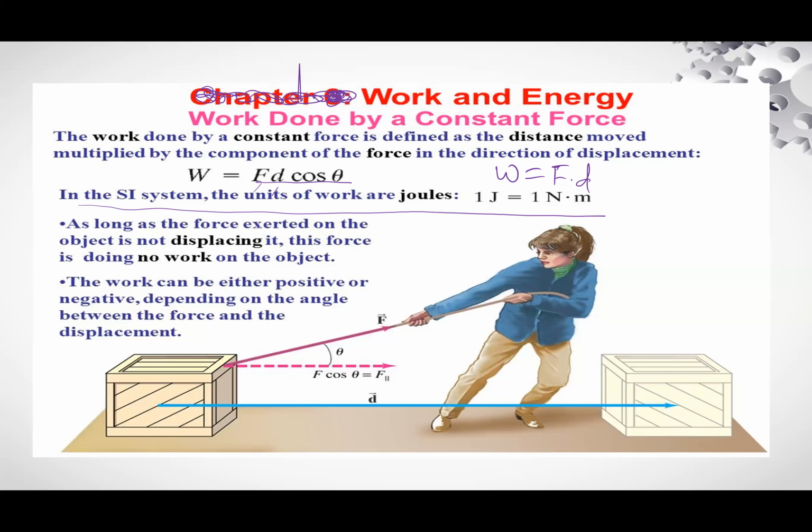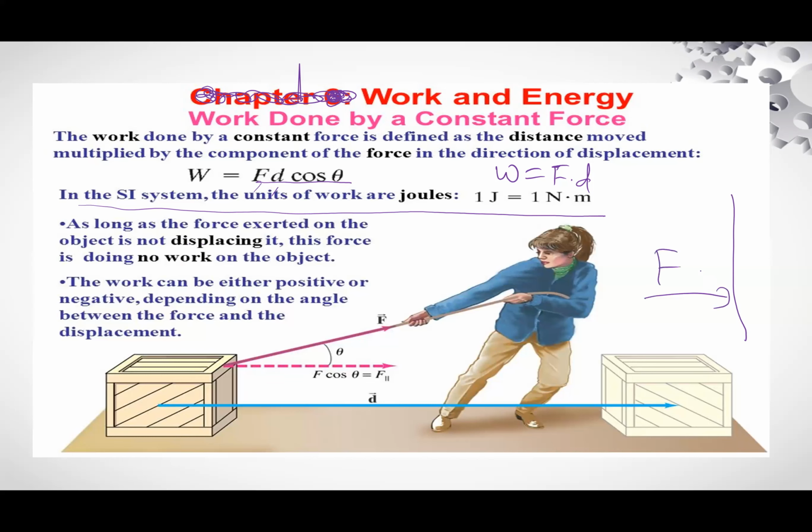As long as the force is exerted on the object and the object is not displaced, this force is doing no work. This is a wall and you are exerting force on the wall.